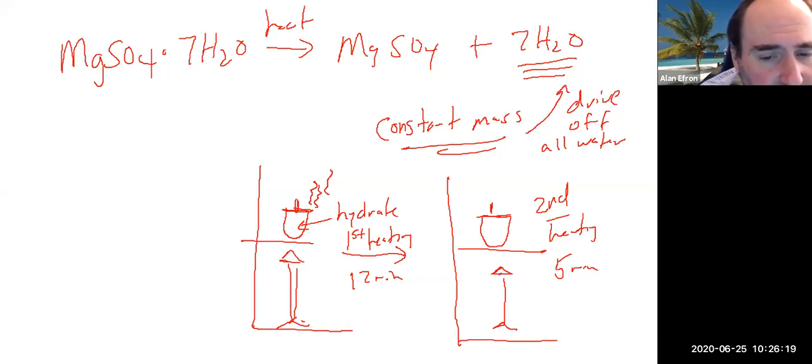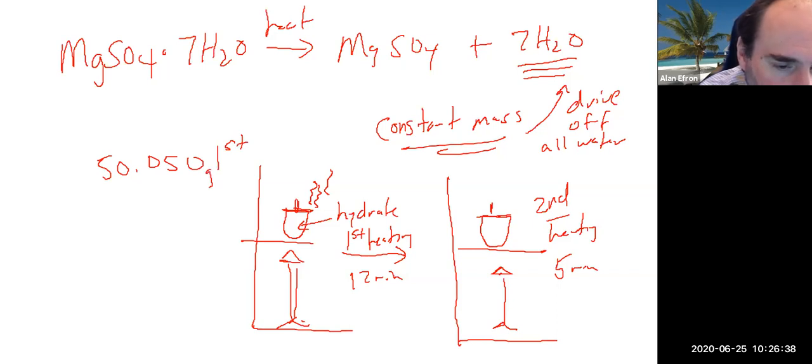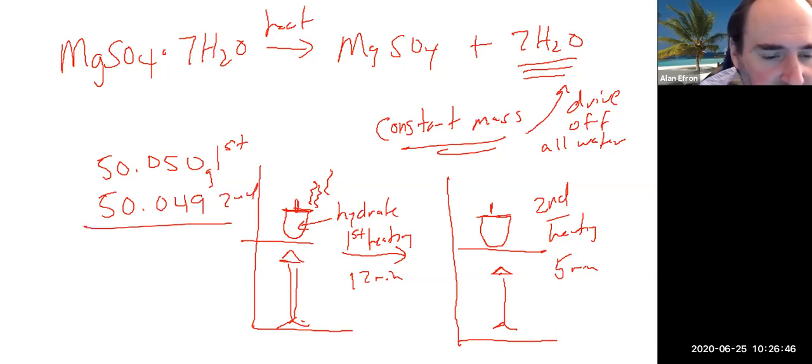So we keep heating and weighing until we hit constant mass. I think the constant mass was, I don't remember off the top of my head, like 0.01 difference between 2 weighings. So for example, if I had 50.050 for my first weighing, and I weigh 50.049 for my second, the difference is like 0.001 grams.